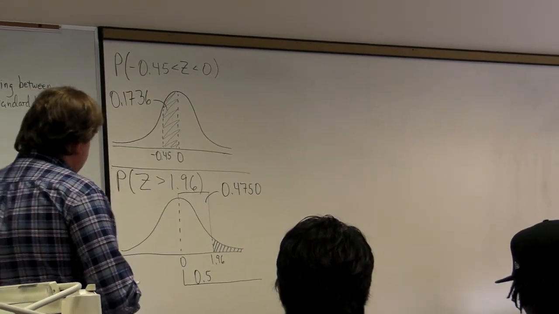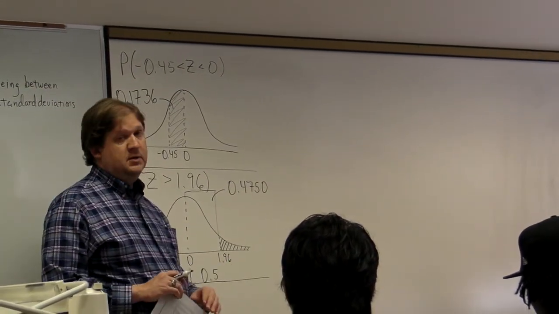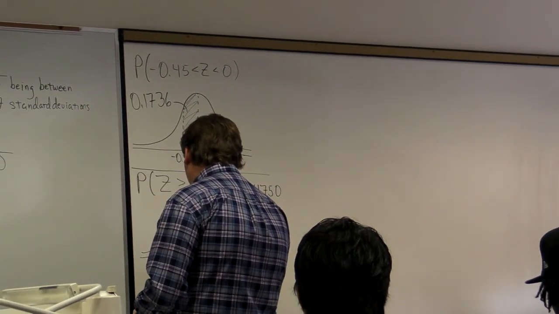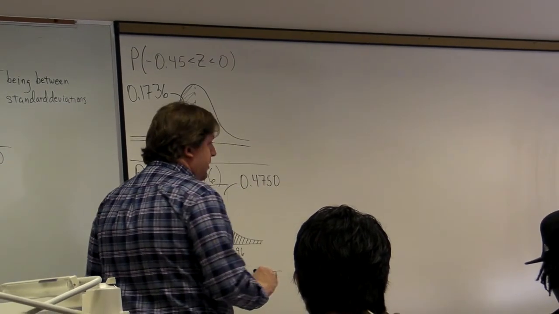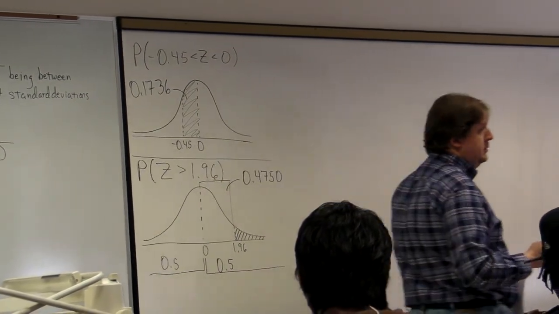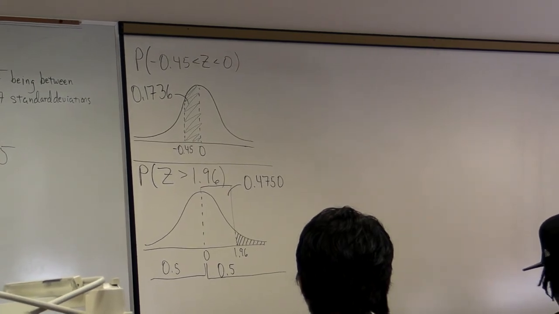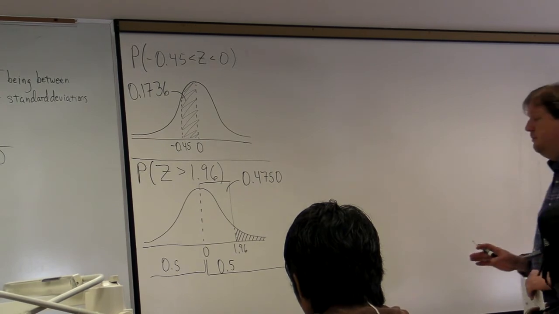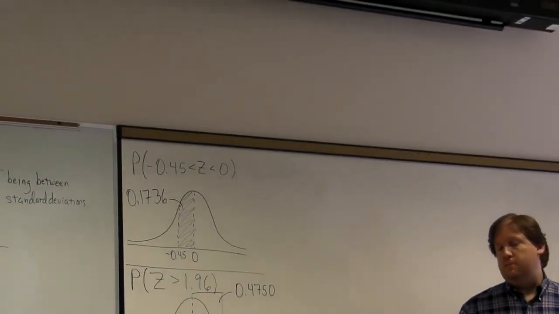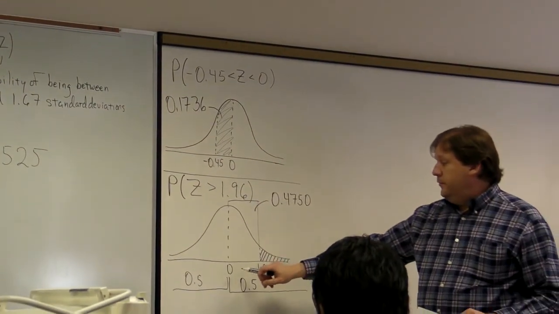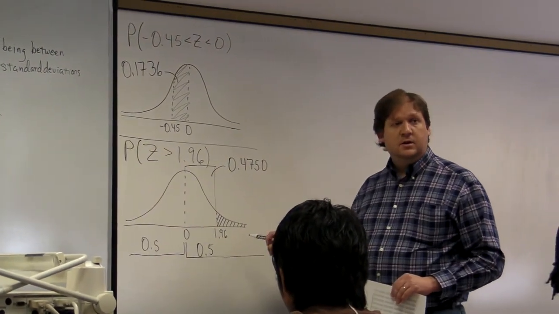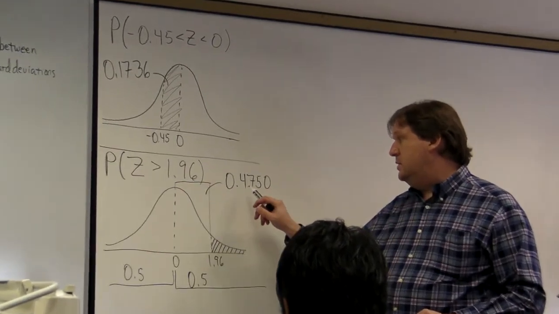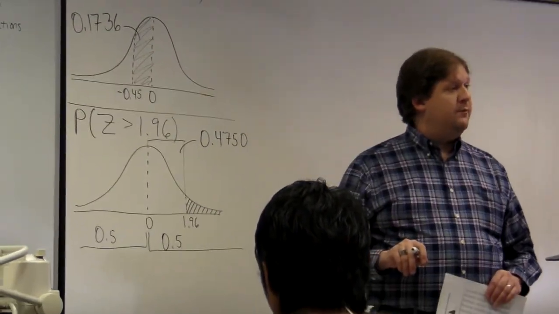So that tells me the probability of being above the mean is 50%, and the probability of being below the mean is also 50%. So I know the area from 0 on up is 50%. I know the area from 0 to 1.96 is 0.4750.